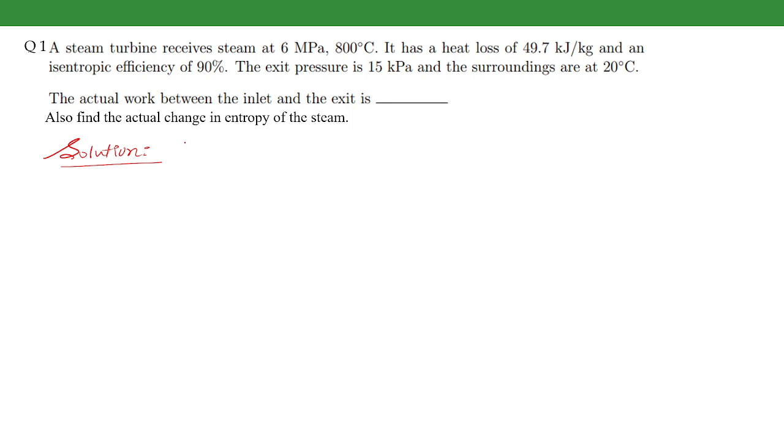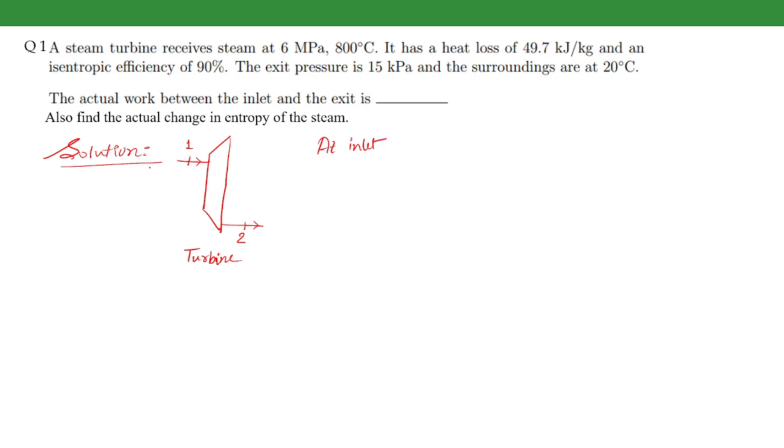Okay, so this is a steam turbine. Let me draw a turbine first. This is the inlet at state point 1, this is the exit at state point 2. What is the condition at inlet?